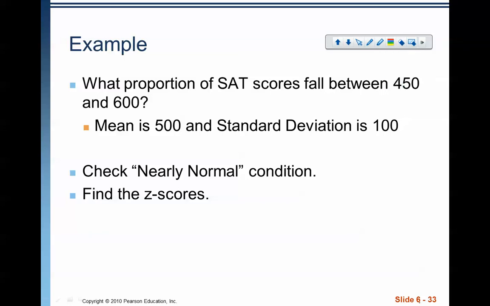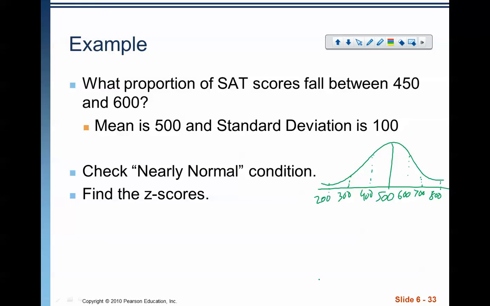Let's draw a picture first. So if the mean is at 500 and the standard deviation is 100, we'll just draw out my 3 standard deviations. This is 600, 700, 800, and then this is 400, 300, 200.